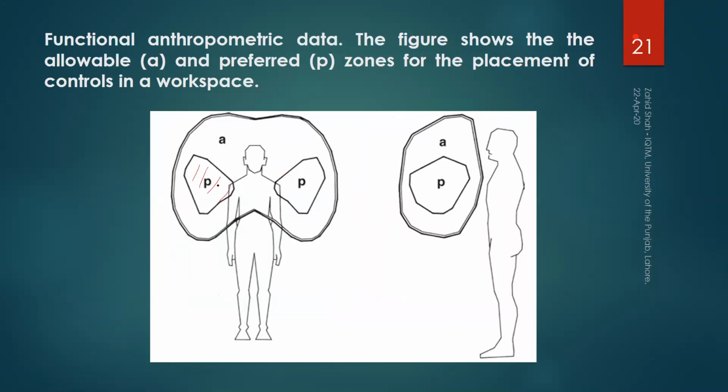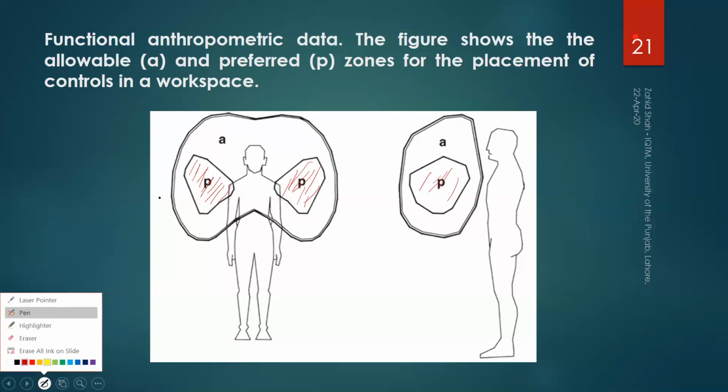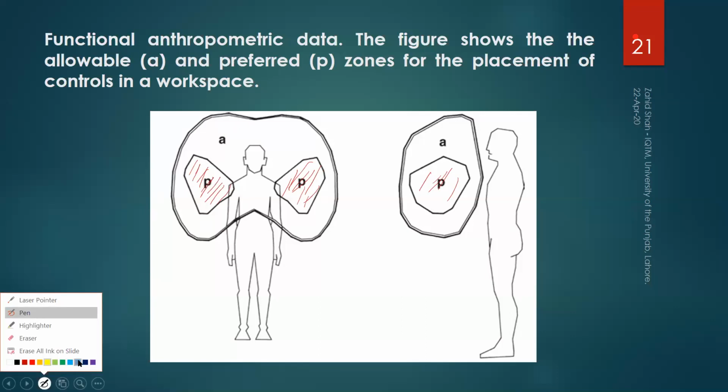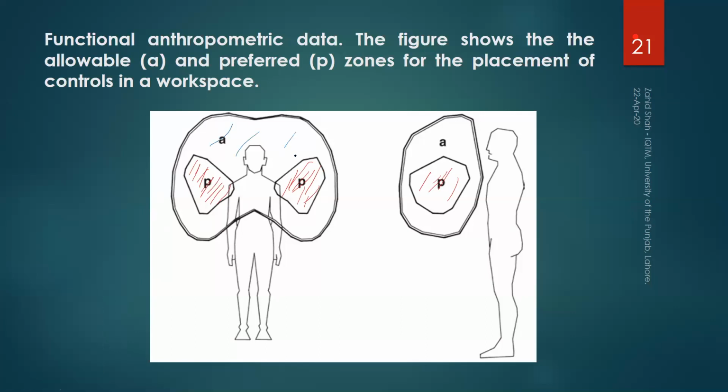So preferably controls, in this case specifically controls, should be placed in this zone P. But actually that person can reach for those controls in the area that is marked as A. So A is allowed. Here the arm can reach easily, but P is the more comfortable area to be reached.